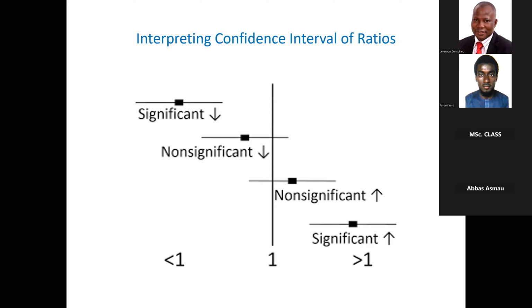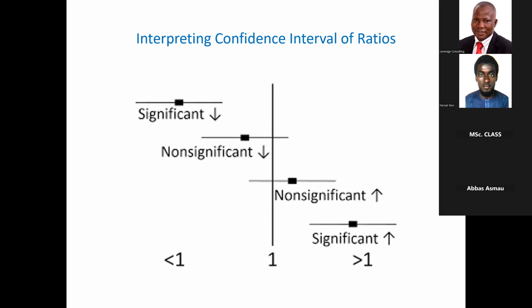If it is greater than 1 and the confidence interval does not cross 1, it is significant. Whether it is less than 1 or greater than 1, if the confidence interval crosses 1, it is not significant.